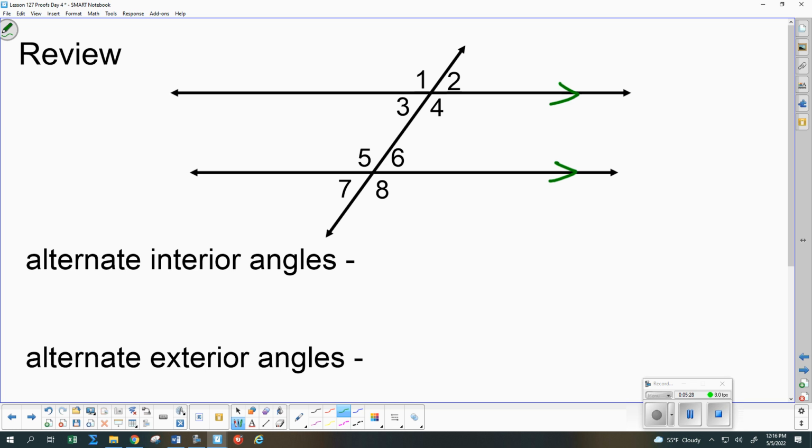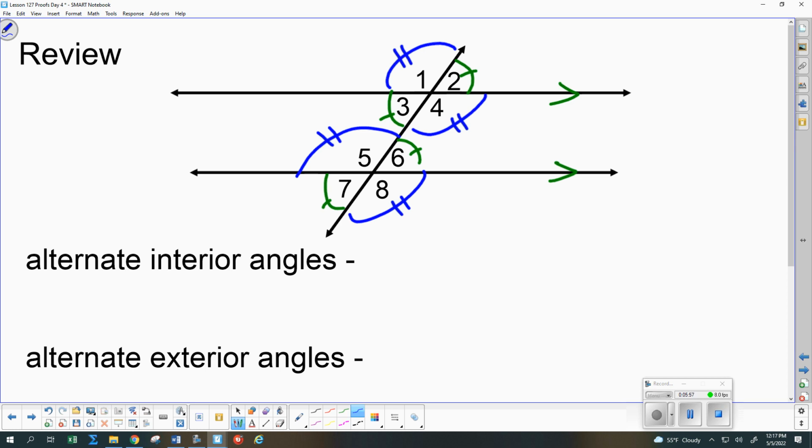If those are parallel lines, we automatically know all of the acute ones have to be congruent to each other. And we know all of the obtuse ones have to be congruent to each other. That's the easy part. Now, if we pick any 2 that have the same measure, we have to come up with the right reason for them to be congruent.